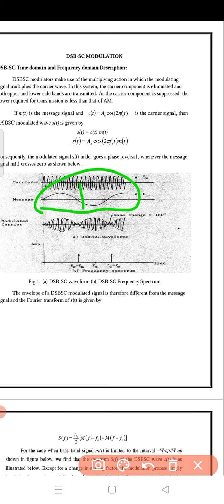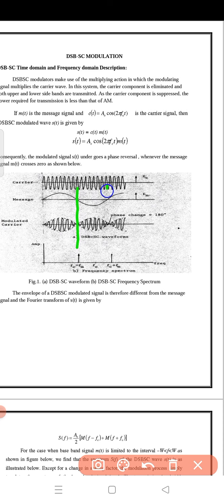Here is a zero crossing, and this is another zero crossing, where the signal crosses the reference line. Then in the output waveform there is a phase reversal. You just observe, this is the phase reversal.